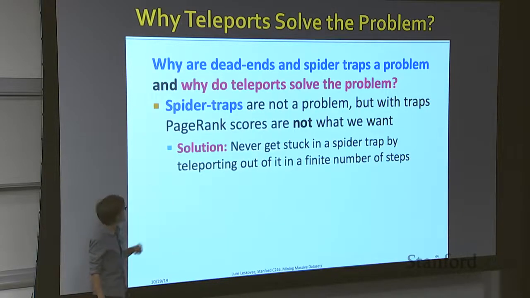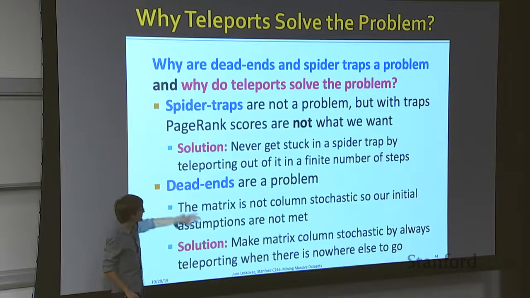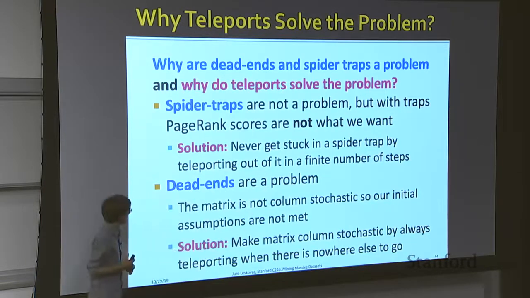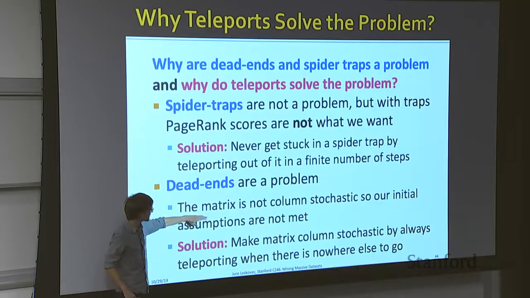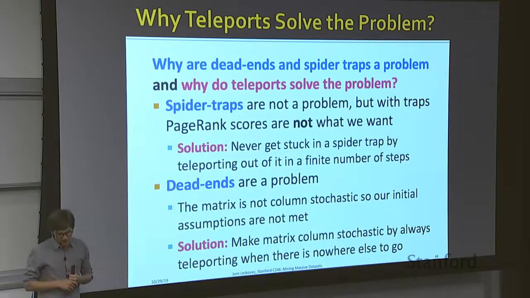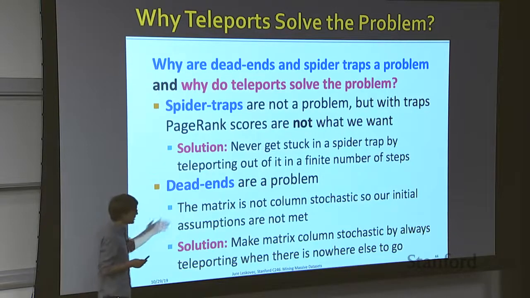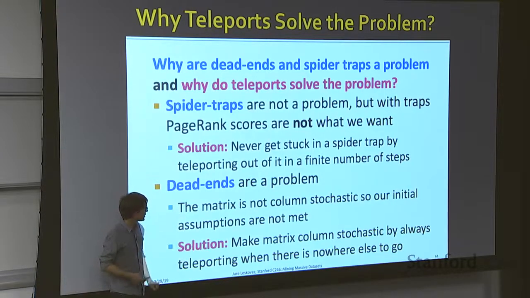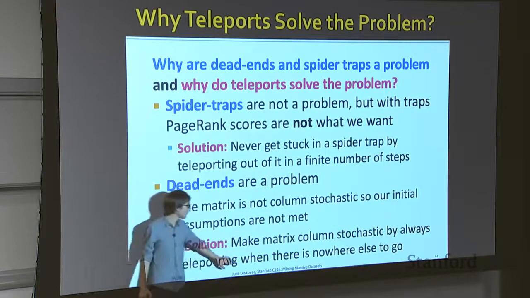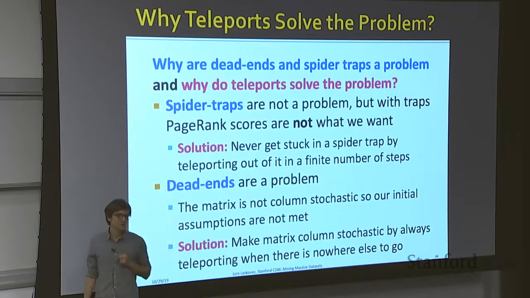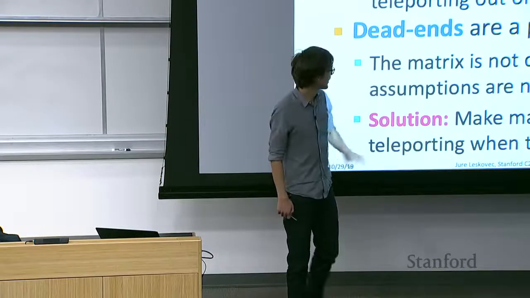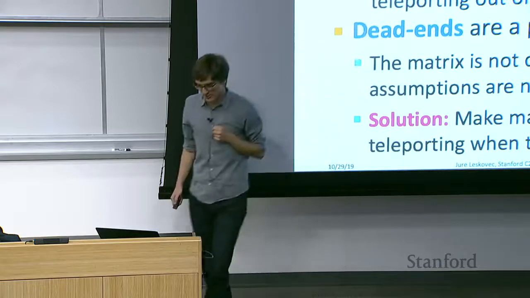That's the spider trap. And then dead ends are a problem too. Our method does not converge to the right thing. And the point is that if we don't take care of dead ends, the matrix is not column stochastic. So our initial assumptions are not met. So the solution is to make the matrix column stochastic by always teleporting where there is nowhere else to go, right? If I come to a node that has no outlinks, I just teleport myself. All right? These are the 2 important details.